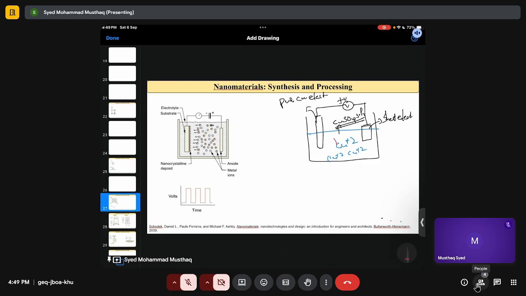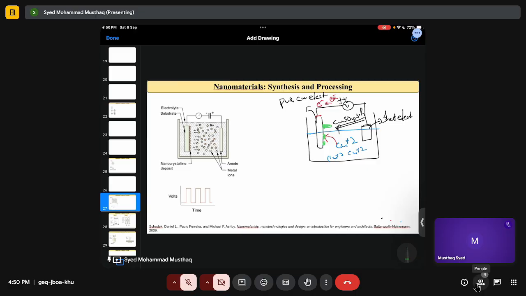Then this copper will get deposited because we are supplying electrons. Right, so we are supplying electrons here. And these Cu2+ ions need electrons to get deposited. So that's how I will have clusters. And if you still supply the electricity, they will start growing.